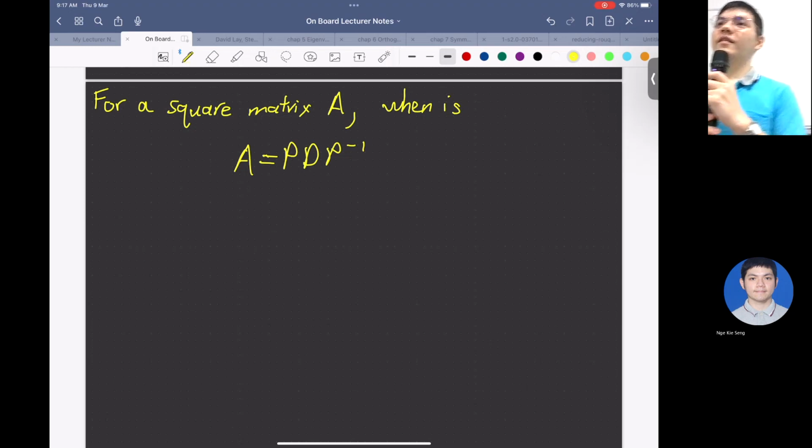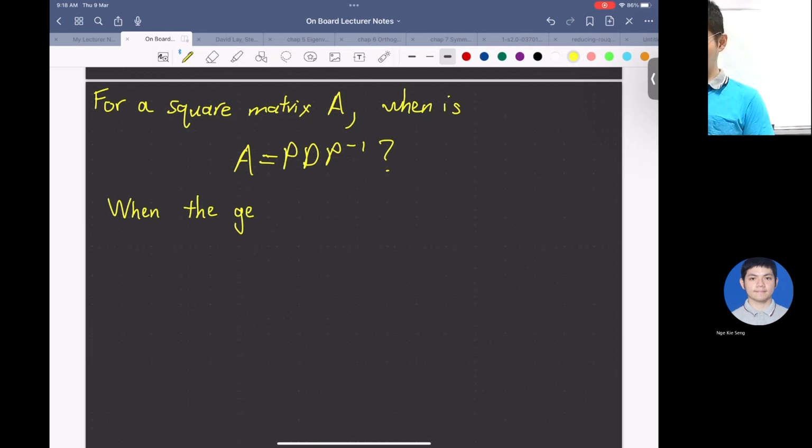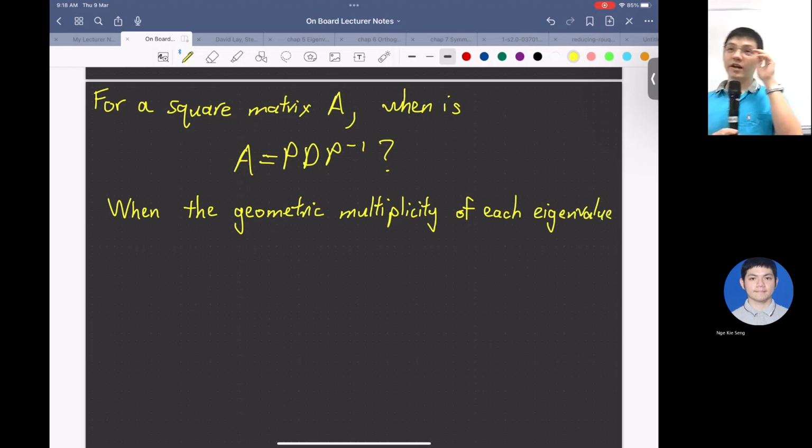It is when the geometric multiplicity of each eigenvalue, sorry, so geometric multiplicity of each eigenvalue. In the test, some of you add up all the powers of the root, which you call the algebraic multiplicity.